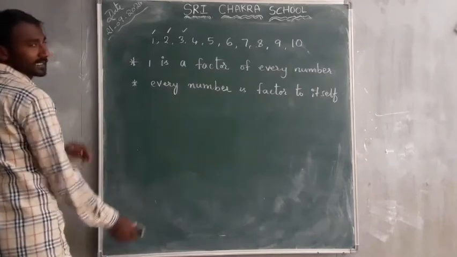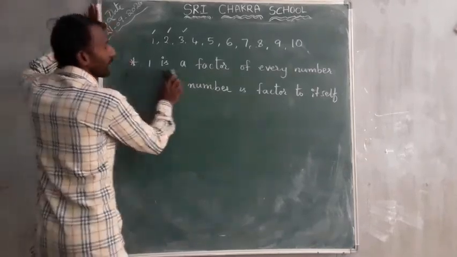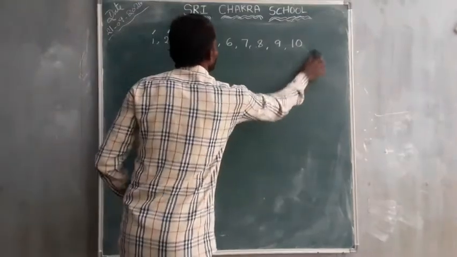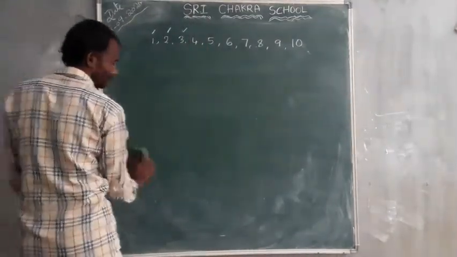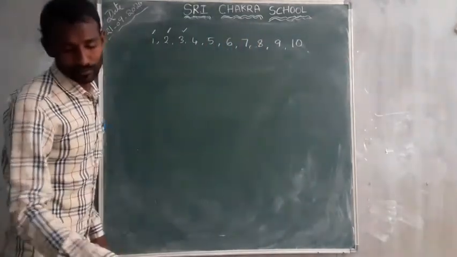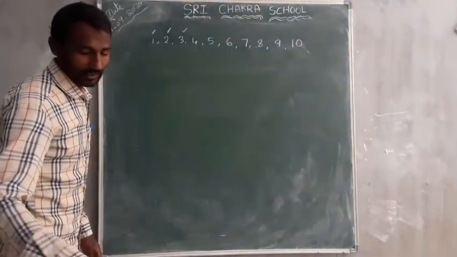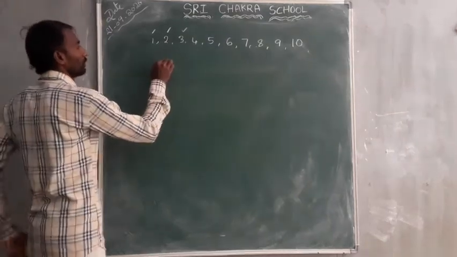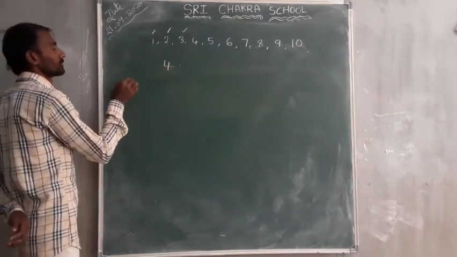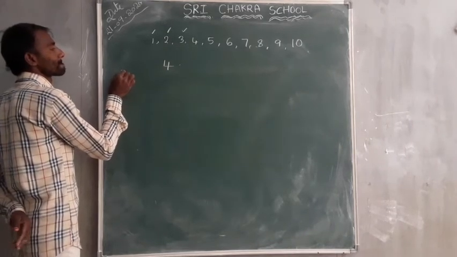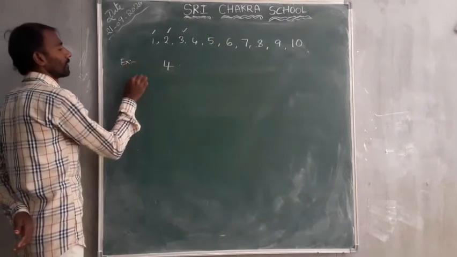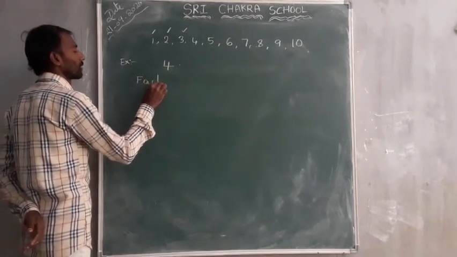Okay. Now let us see how to find the factors for the given numbers. So let us take factorization method for some examples. Let us take one number 4. Factors of 4.